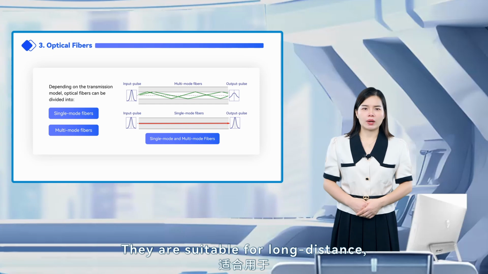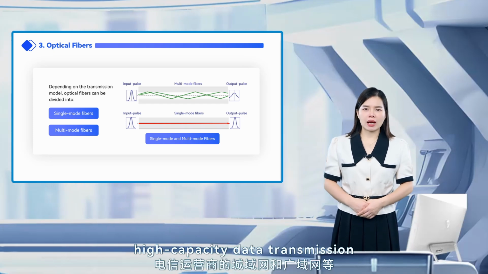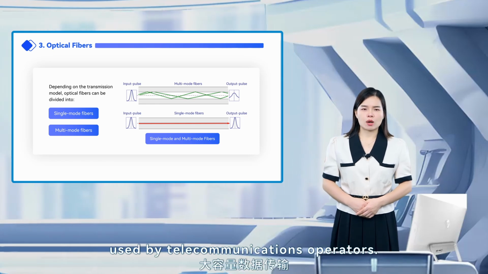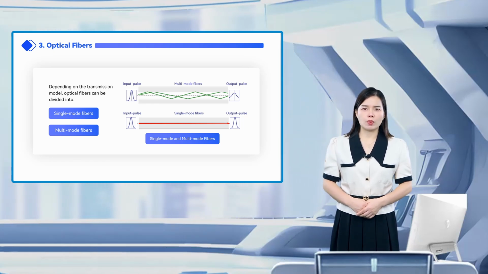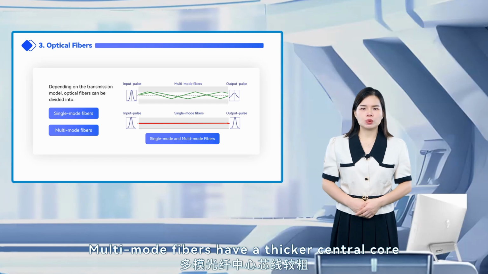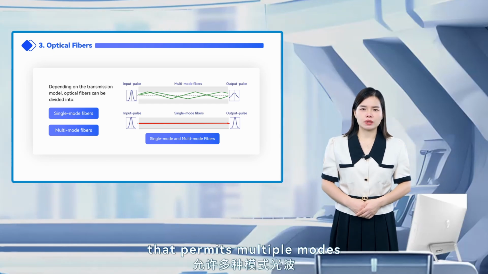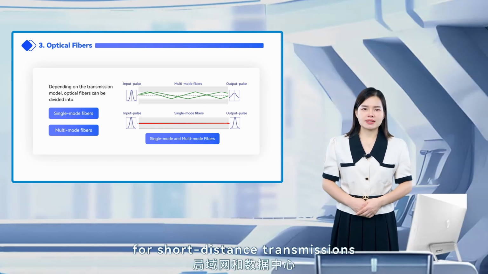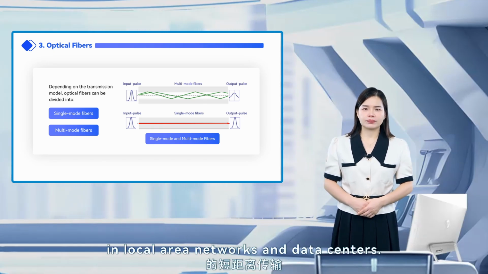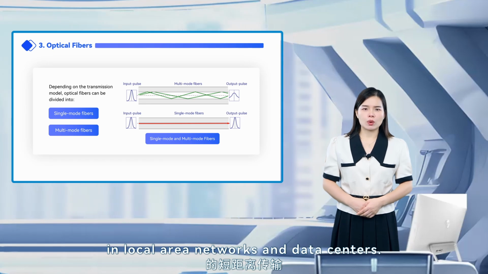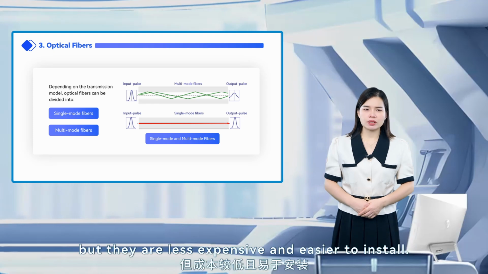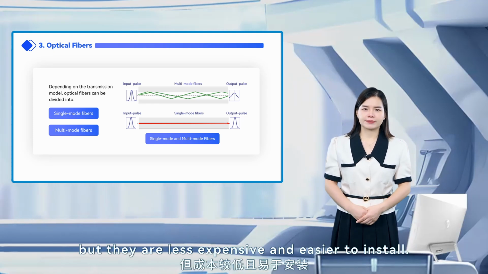They are suitable for long-distance, high-capacity data transmission in metropolitan and wide-area networks used by telecommunications operators. Multimode fibers have a thicker central core that permits multiple modes of light wave transmission simultaneously, making them appropriate for short-distance transmissions in local area networks and data centers. Their bandwidth and transmission distance are relatively limited, but they are less expensive and easier to install.